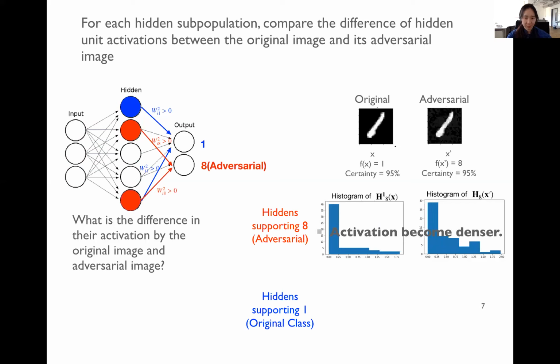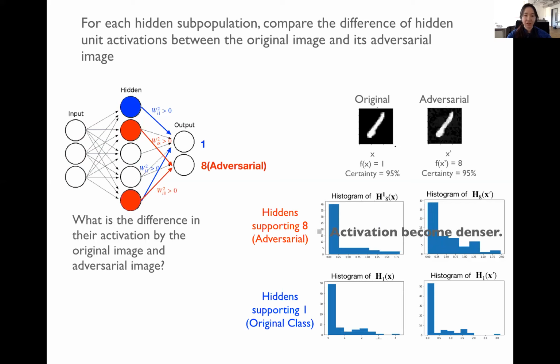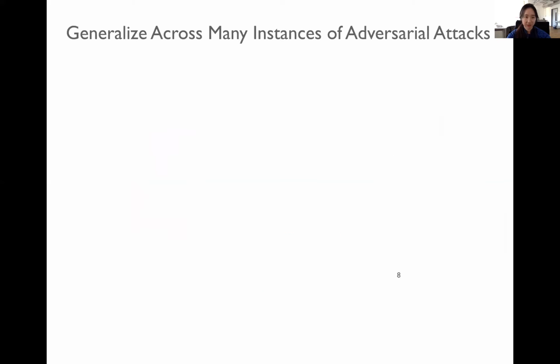And for the hiddens supporting the original class, when we plot the histogram of their activities, it seems like when the image is adversarial, their activation becomes sparser. So this is just one observation for one image. The question is, can we generalize this observation across many instances of adversarial attacks?